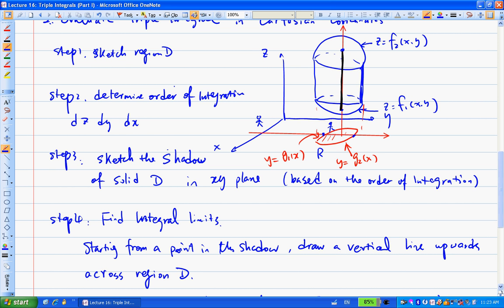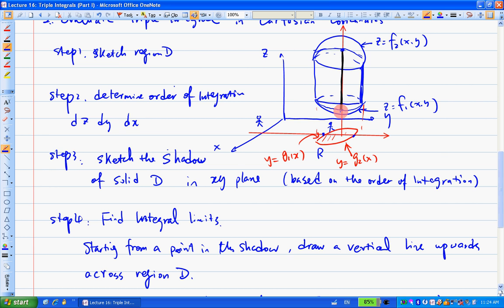The motion of the line segment will sweep out a certain cross section. Does that make sense?